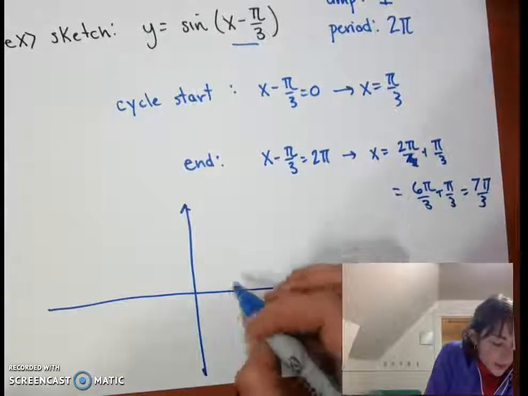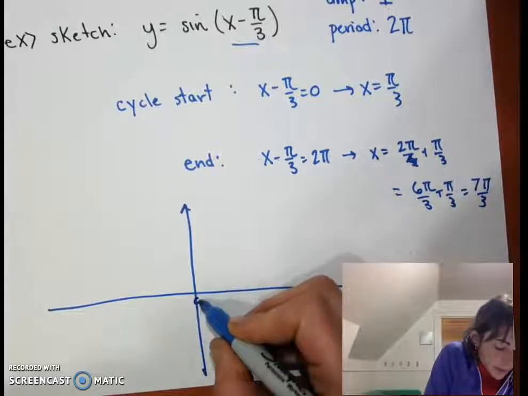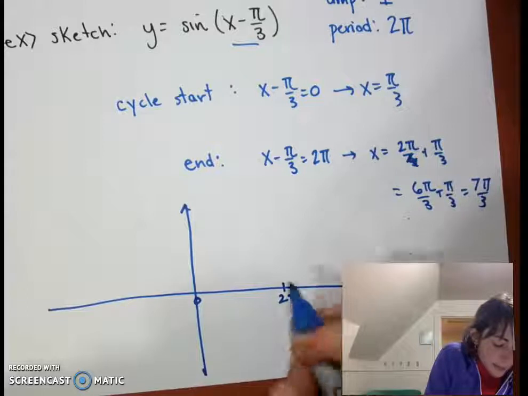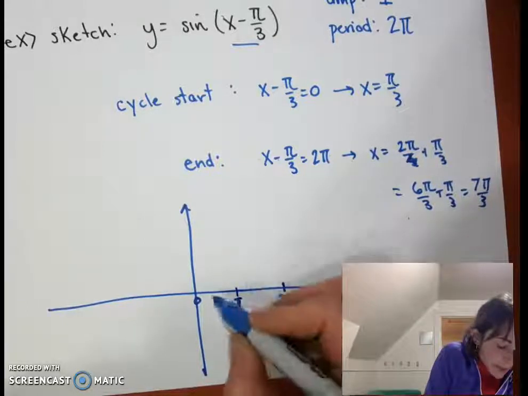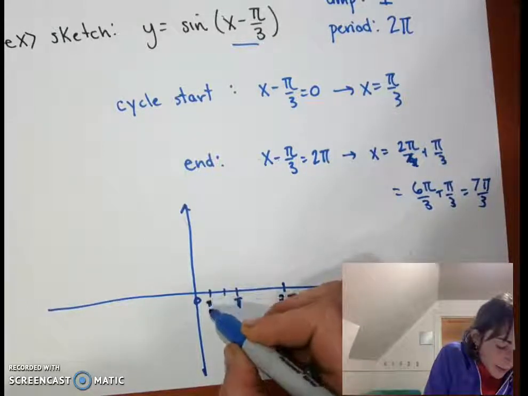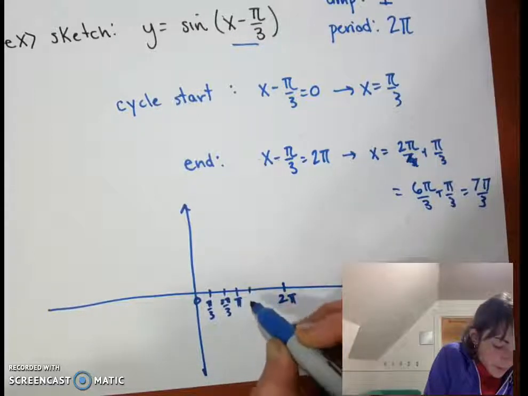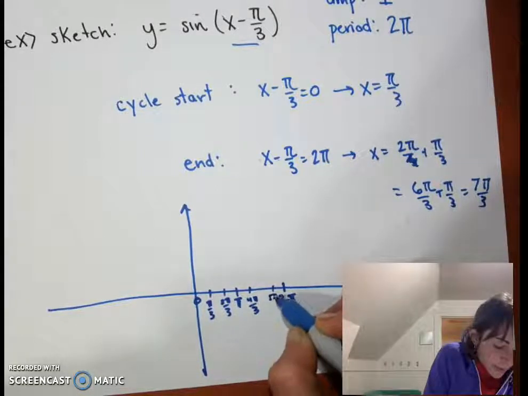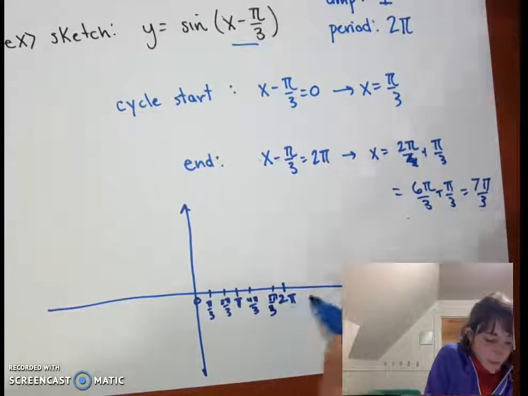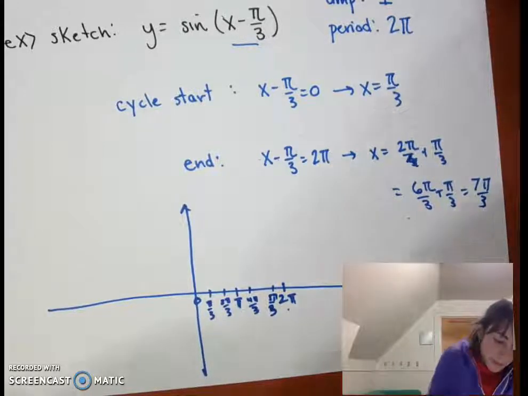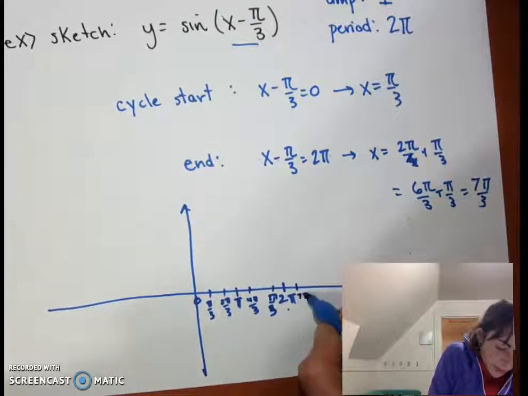Okay, so if I start to label here 0, maybe this is 2 pi, maybe this is pi, so then I have pi over 3, and 2 pi over 3, 3 pi over 3, 4 pi over 3, 5 pi over 3, 6 pi over 3 is the same as 2 pi, 7 pi over 3 would be the next one.